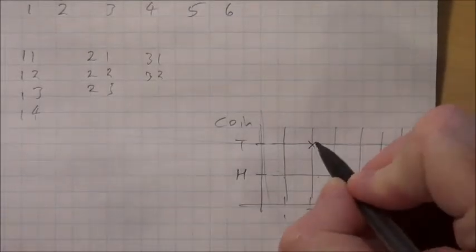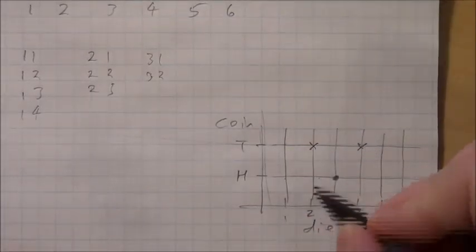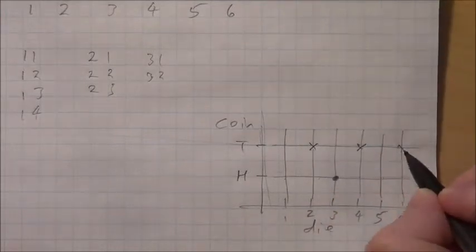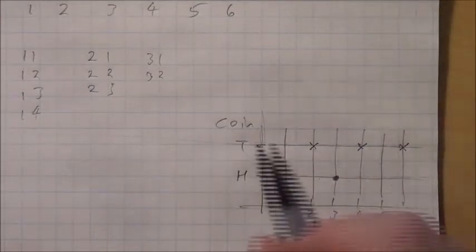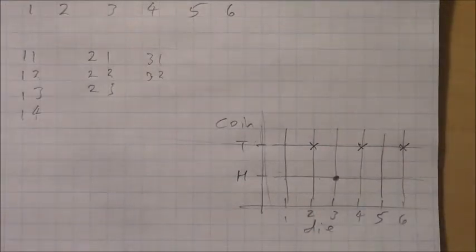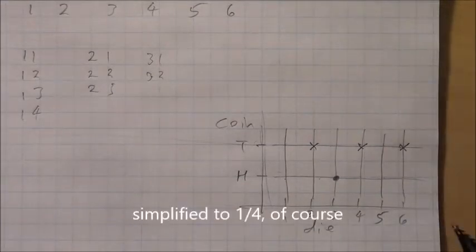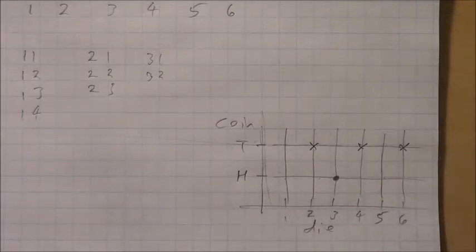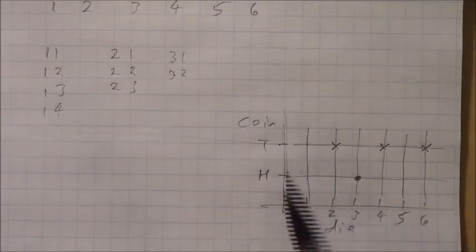Well, for an even number and a tail, we look at the 2, the 4, and the 6, and where it combines with the T, so that would be 3 out of the 12 outcomes. So that would be a two-dimensional grid. That's only good when we're comparing 2 items, or making 2 comparisons.